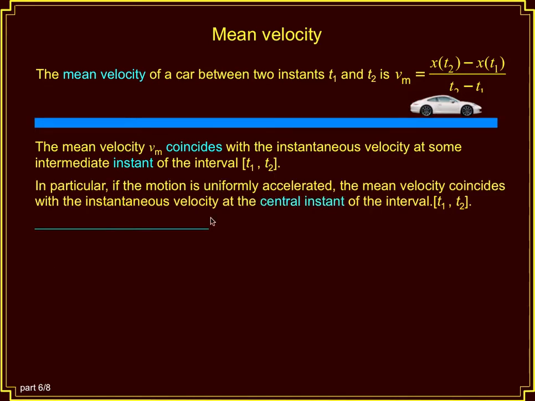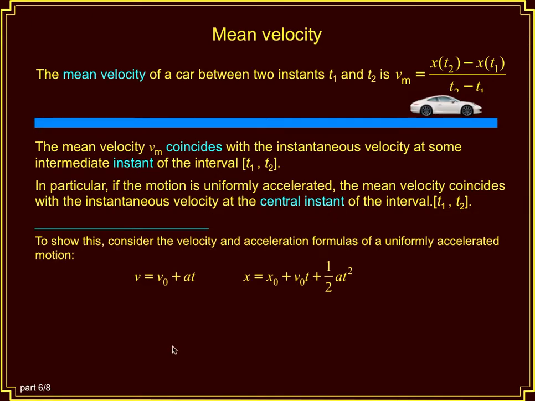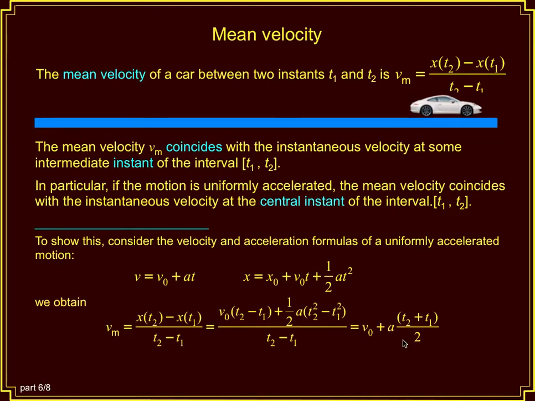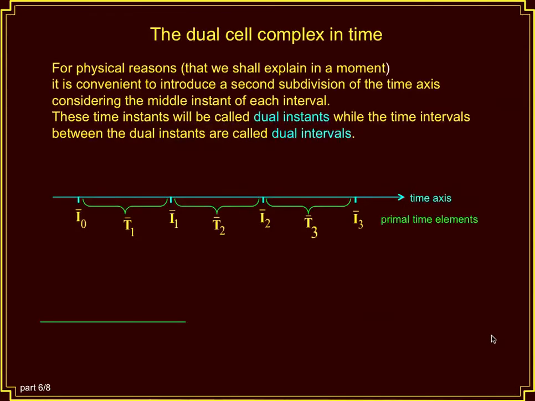In particular, if the motion is uniformly accelerated, the mean velocity coincides with the instantaneous velocity of the central instant of the interval. Here you have the proof, the formula. The mean velocity coincides with the instantaneous velocity at the middle instant of the interval.